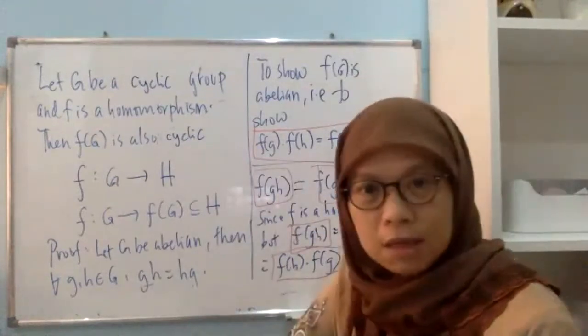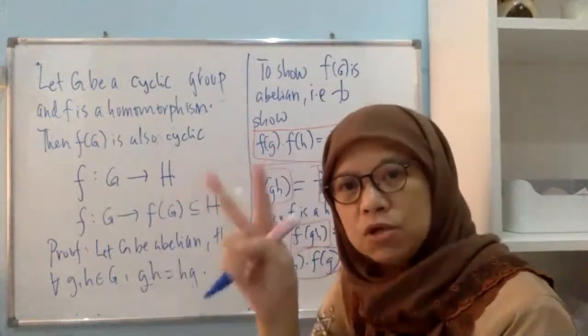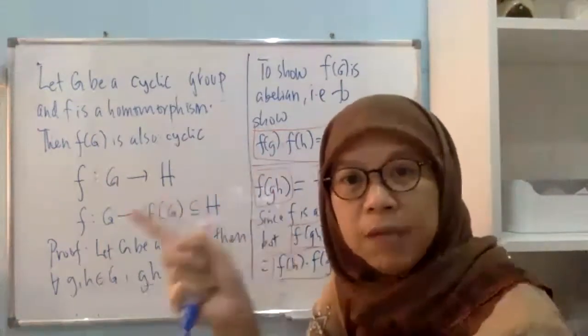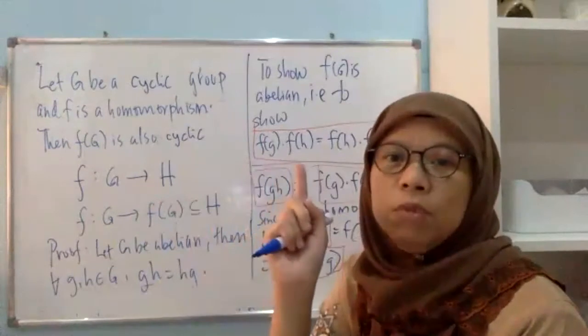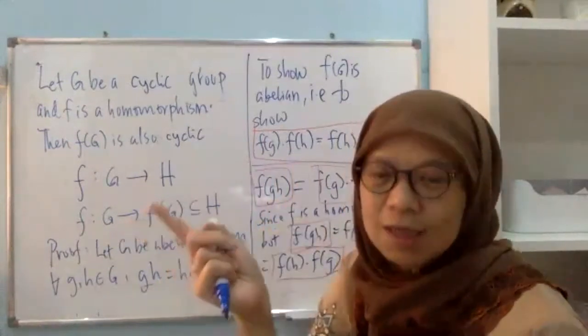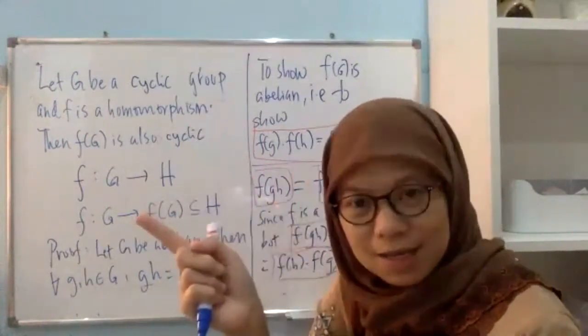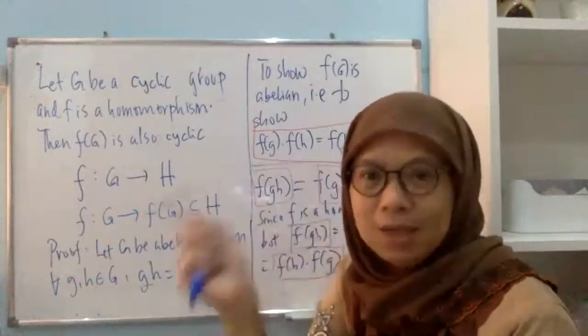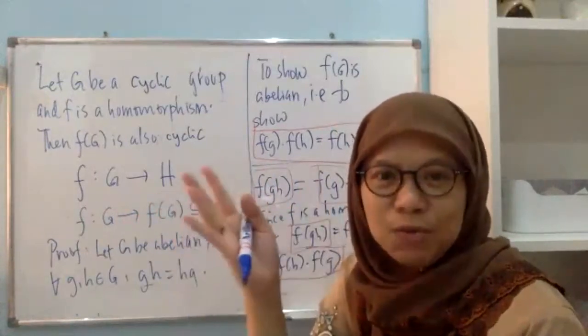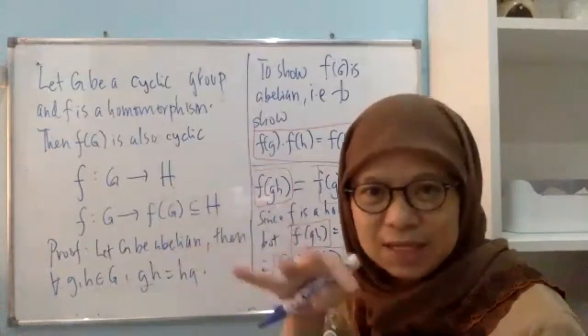Meaning if two groups are isomorphic, they have to be both abelian, or they have to be both non-abelian, or they have to be both cyclic, or they have to be both not cyclic. If they are isomorphic, they have to have these properties.